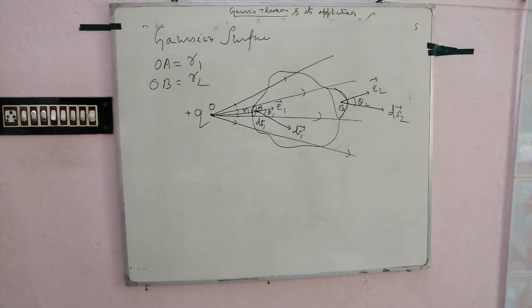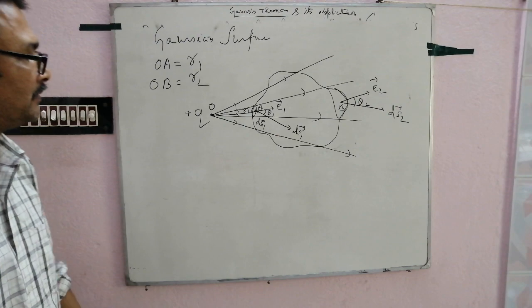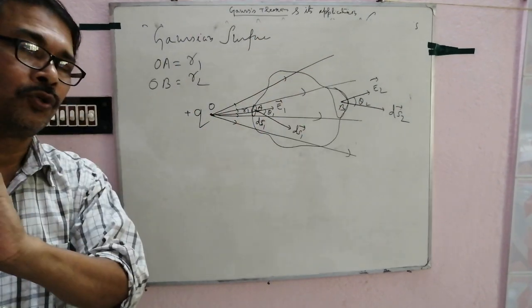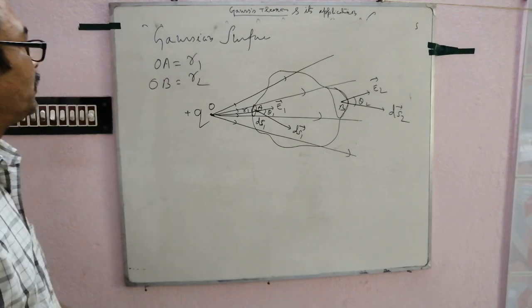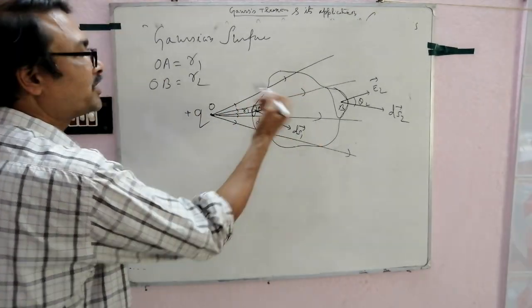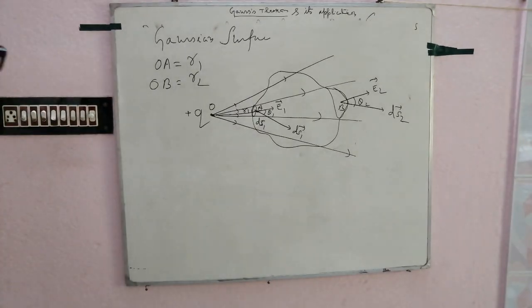At first I mentioned that the total flux linked with this surface will be 0. We will prove it. Okay, the charge is outside the Gaussian surface. Follow.